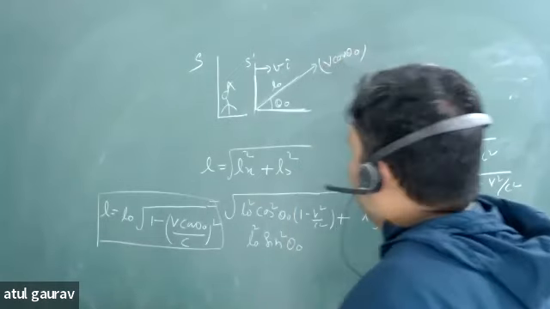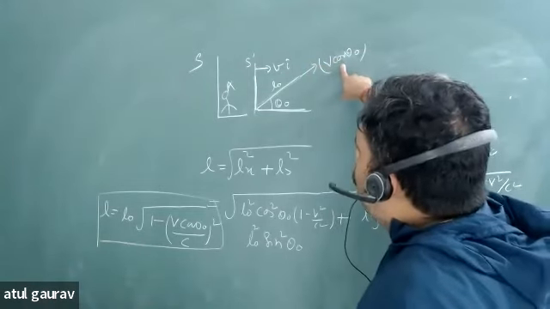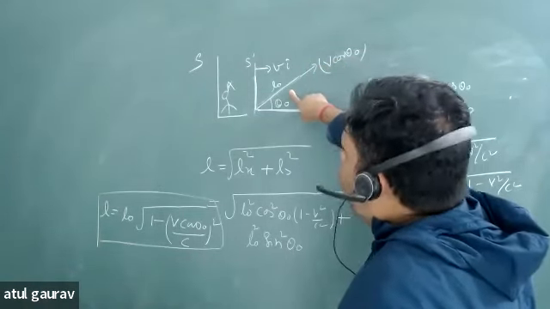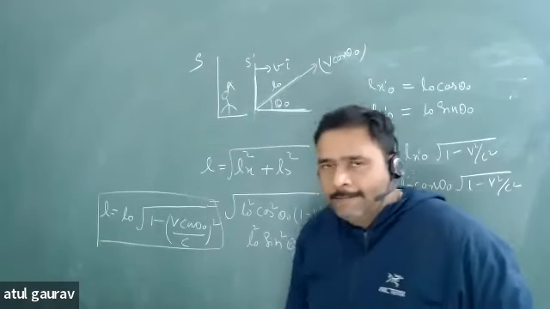So this is the beauty: only that part of the velocity which is parallel to this particular rod is used for the contraction, isn't it?